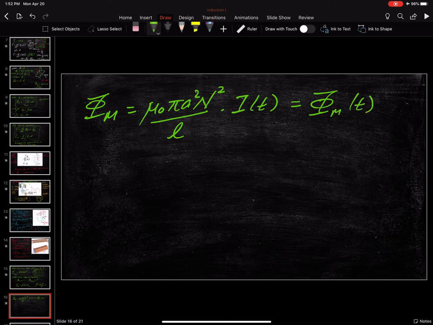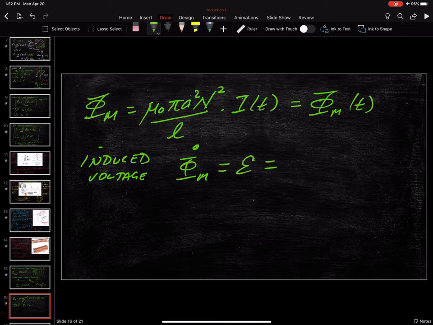And so what's my induced voltage? The induced voltage in this case, I just take the derivative of it. Phi m dot is my E induced.